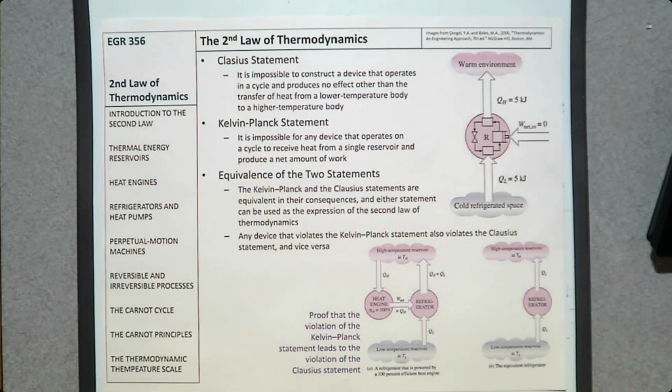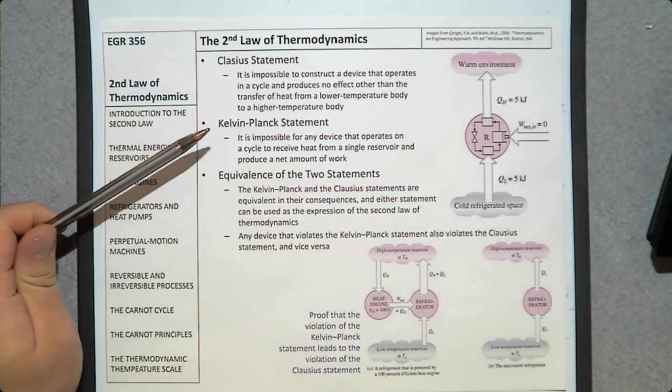So that means heat transfers from high temperature to low temperature. You cannot transfer heat from a low temperature body to a higher temperature body without some energy transfer by work.